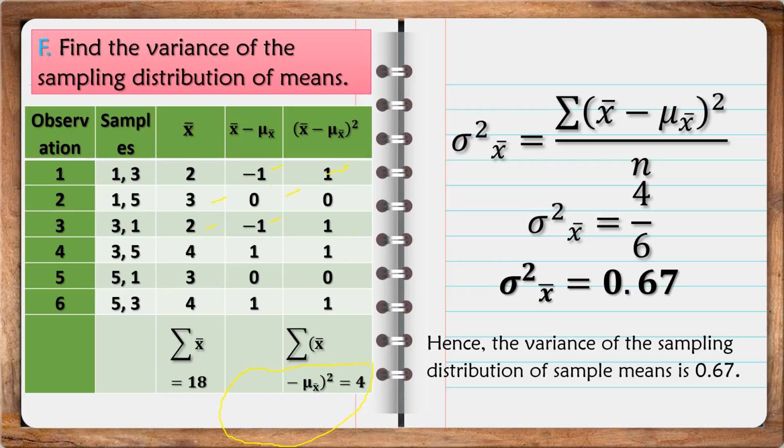Then, direct substitution for variance of sampling distribution of a sample mean. So based on the given formula, that is 4 over 6, or our variance of sampling distribution of sample mean is equal to 0.67.